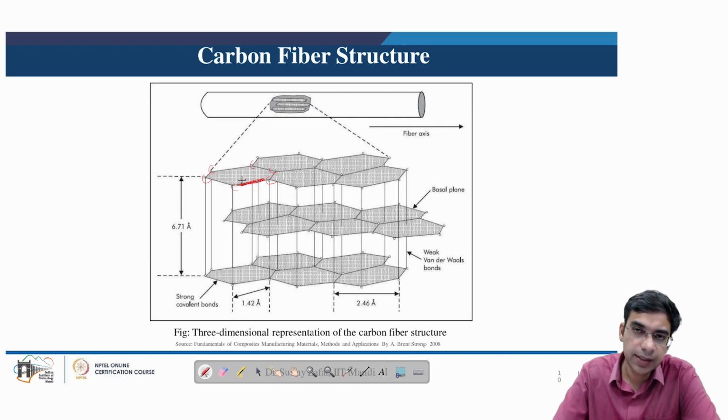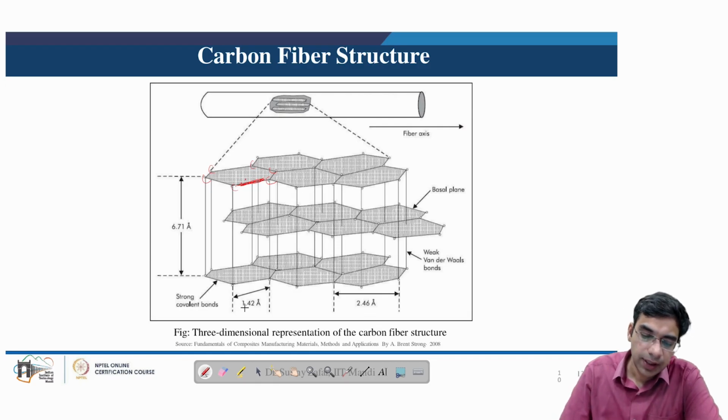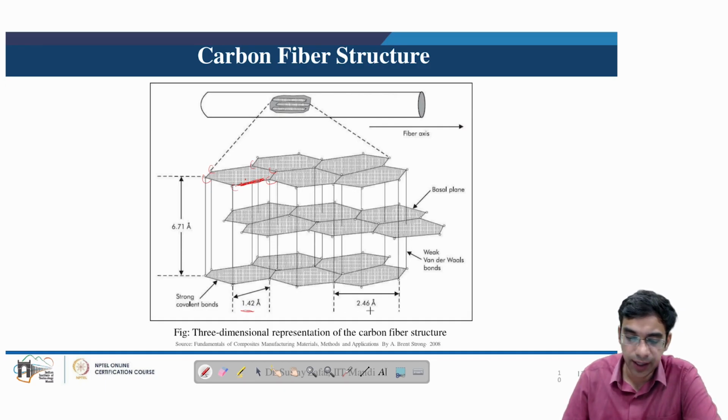arrangement. The distance between adjacent carbon atoms is 1.42 angstroms, and diagonally opposite carbon atoms are at a distance of 2.46 angstroms.